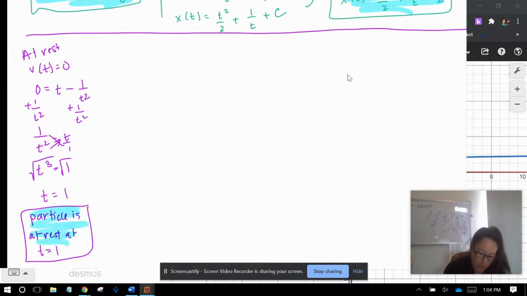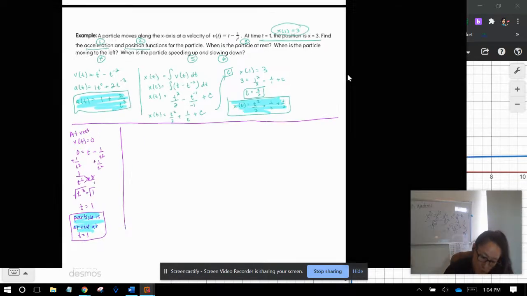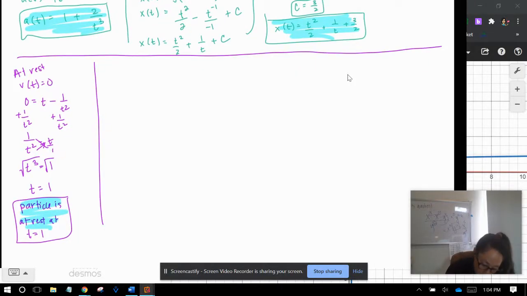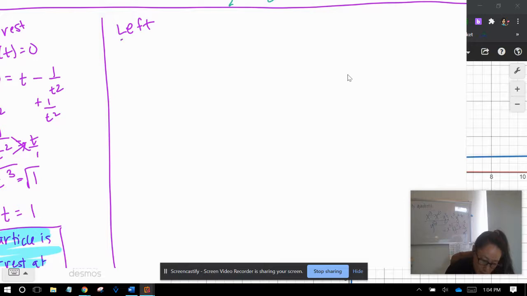Highlight part 3. Part 4. It says, when is the particle moving left? Okay, moving left. That is when the velocity of t is less than 0. Remember, the velocity of t is less than 0.